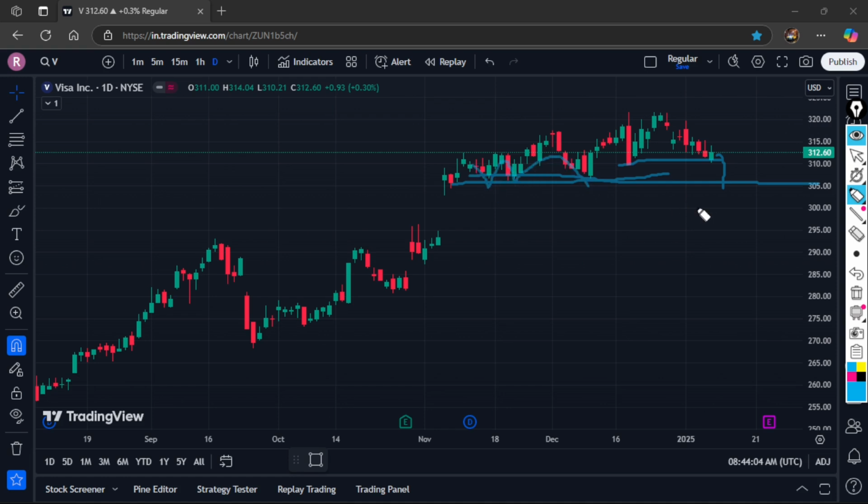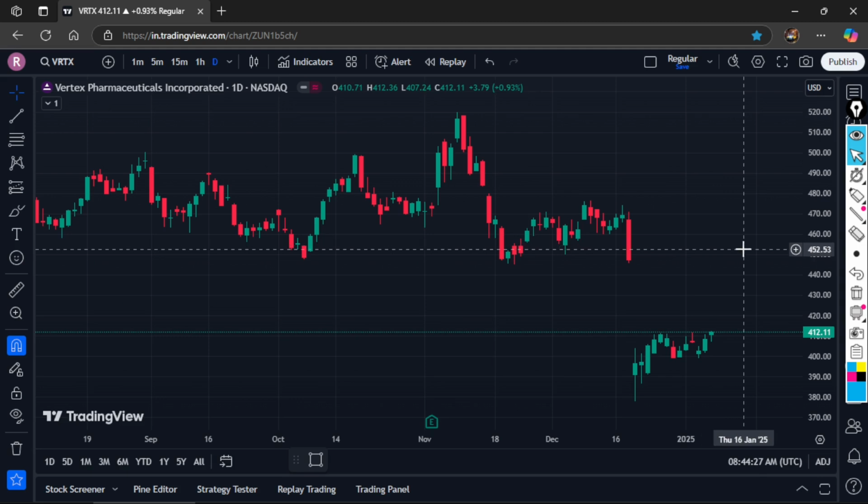So if it comes down, this is not a very big hurdle to cross, so we are just going to wait here and see if it opens gap down, or even if it opens flat and tries to go downside, then we can plan to sell here in V.